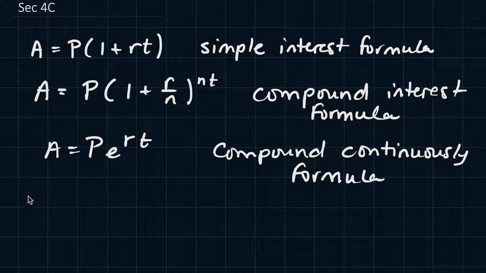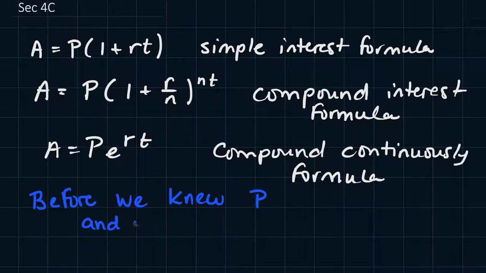So before, I'm going to write this down here. So before, we knew P and we were asked to find A. You were given a principal, you were given a rate.